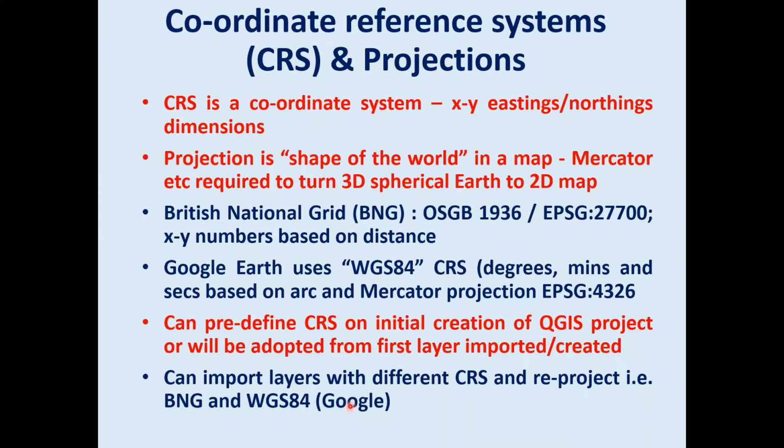And of course, the British National Grid System is based on XY numbers that are distance from the Greenwich meridian, the 0 point. And it starts to get complicated when you add other things, because Google Earth uses something called WGS 84 as its coordinate reference system. And that's in degrees, minutes, and seconds based on an arc.